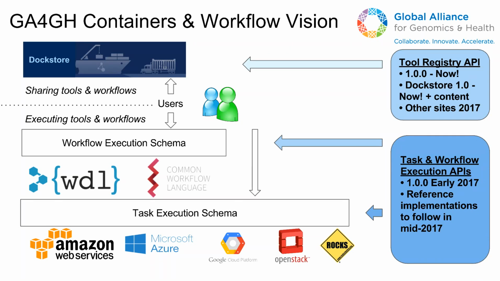But once we have those tools and workflows ready to share, the other goal for this group is to provide both workflow and task level execution in cloud environments that hides the differences between clouds. And I think early 2017 we're going to have the schema completed for this and reference implementations to follow.